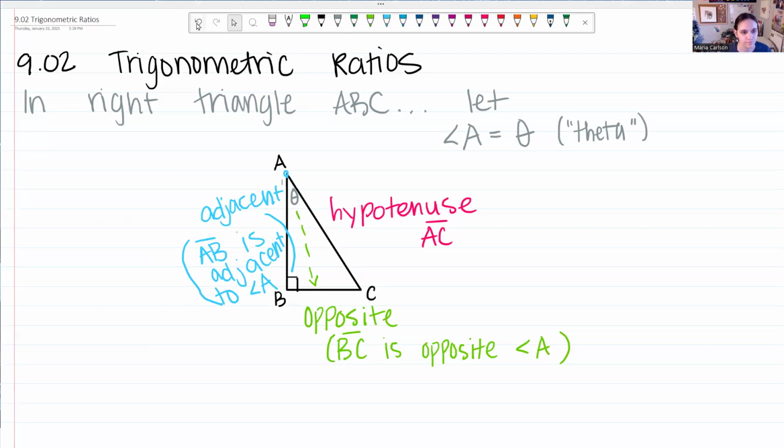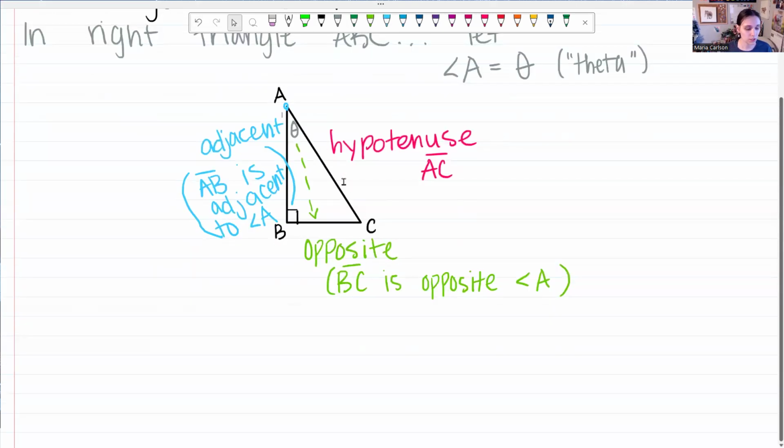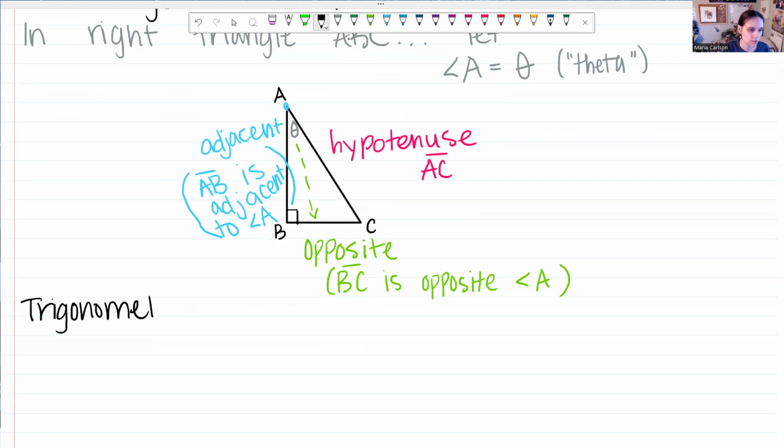All right, so we're going to talk now about what the trigonometric ratios actually are. There are three different ratios we're going to look at. Trigonometric ratios.